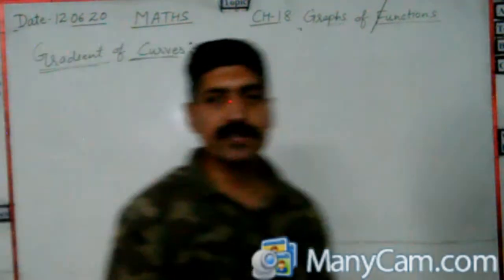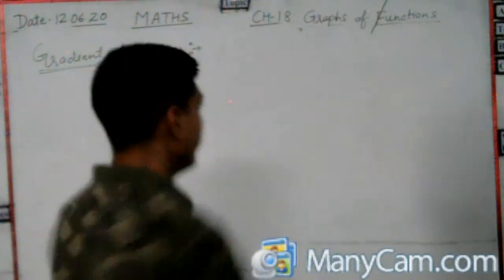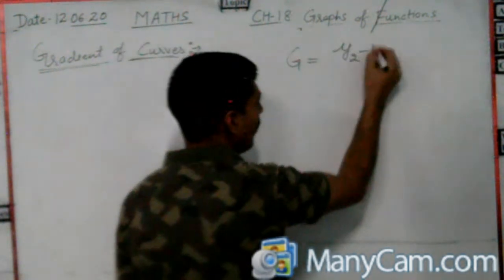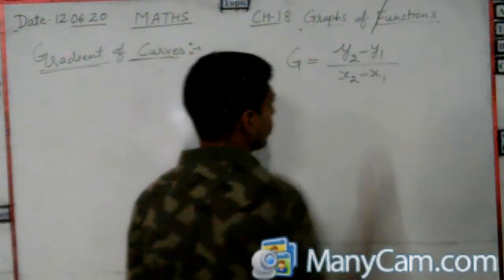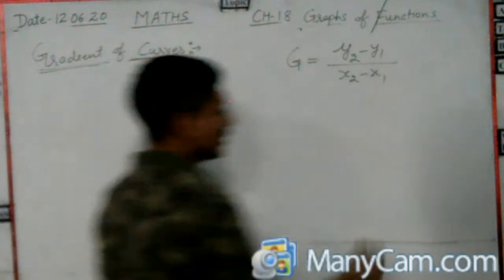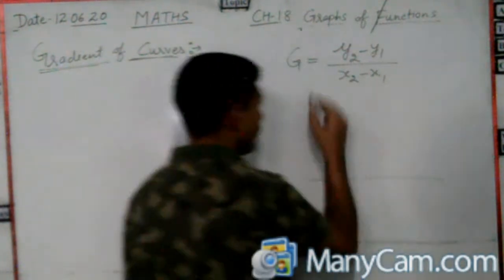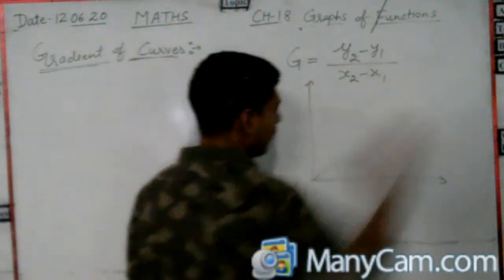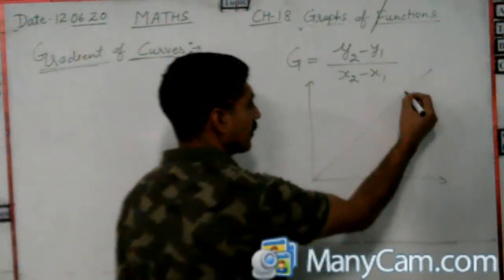As we have studied in coordinate geometry also, when we find the gradient, that is y2 minus y1 upon x2 minus x1. I have discussed it earlier also. We have that straight line graph with 2 points.